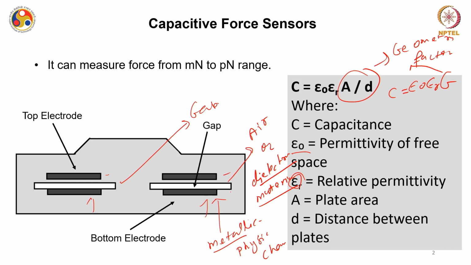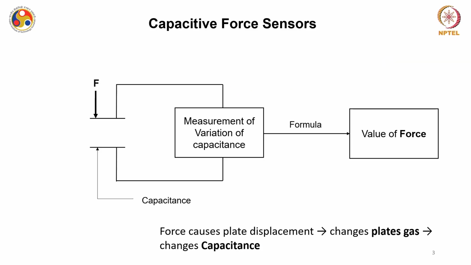So when you apply a force, the gap between these two plates changes. Accordingly, this d value changes, and then you can calibrate your sensor based on applied force and map it to the capacitance value.